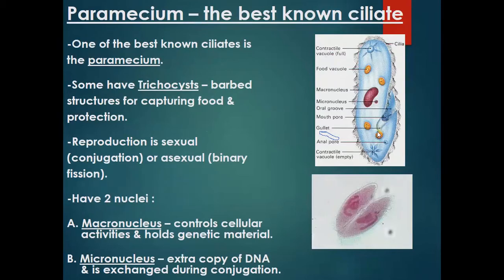In the schematic diagram, the paramecium looks like this. It is really covered with cilia all over the cell, not just at the sides but throughout the whole cell surface. In a microscopic slide, this is what the paramecium looks like.